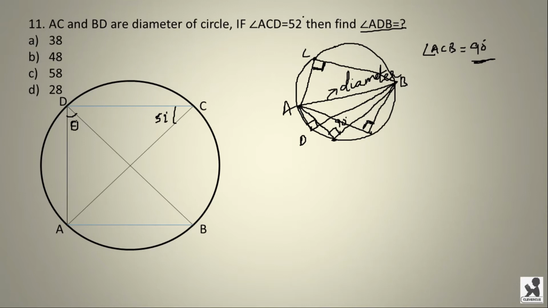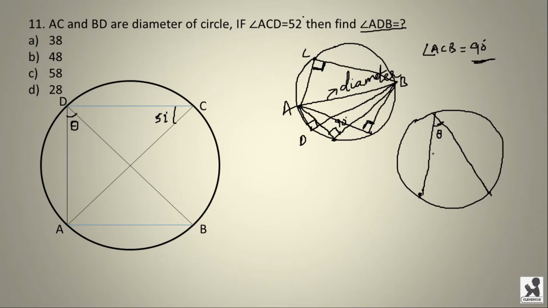The other concept used over here is, as we discussed in the earlier video, if there are 2 points on the circle, the angle made by these 2 points on the major arc will be equal to the angle made by these 2 points on the major arc at some different point.